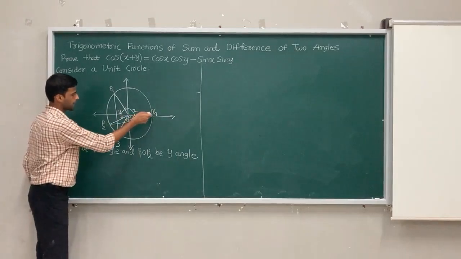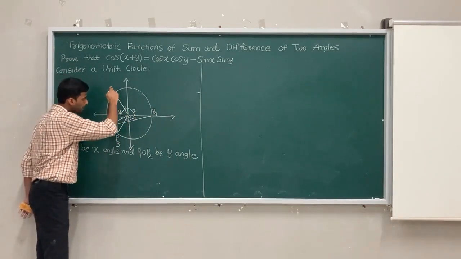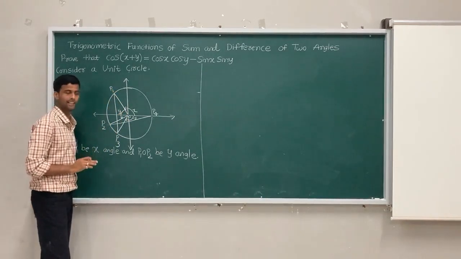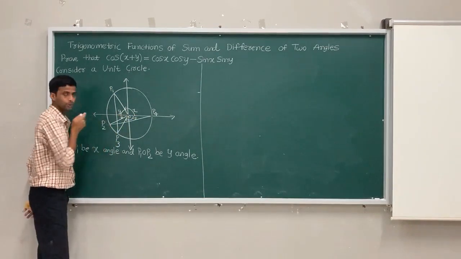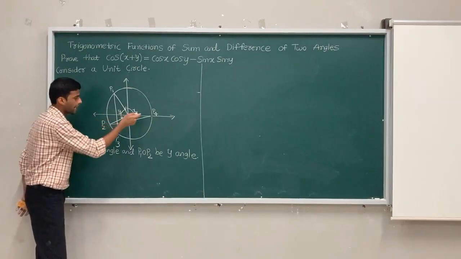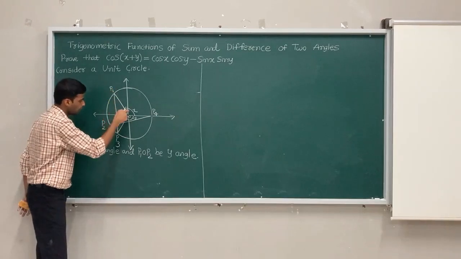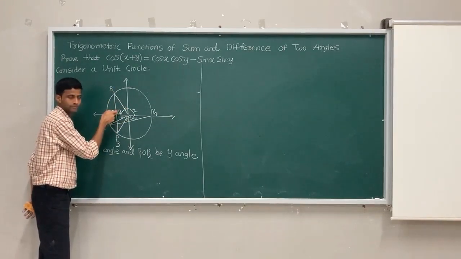Therefore, if P4OP1 is x angle and P1OP2 is y angle, then what is P4OP2? P4OP2 is nothing but the addition of P4OP1 and P1OP2. Therefore it is x plus y.